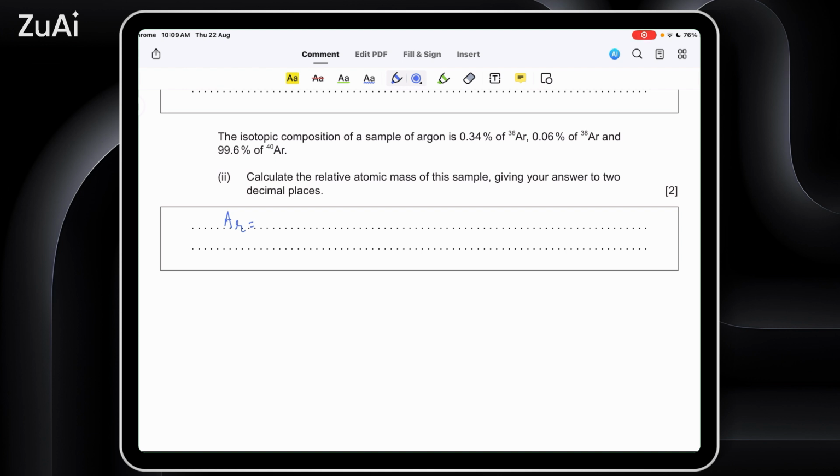We multiply the percentage composition with the mass number: 36 times 0.34, plus 38 times 0.06, plus 40 times 99.6, all divided by 100. That's the way to solve this question. 39.99 is the answer.